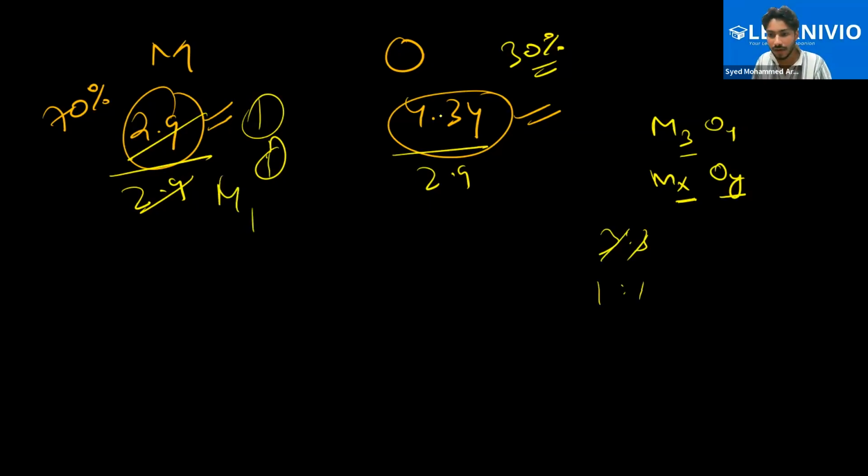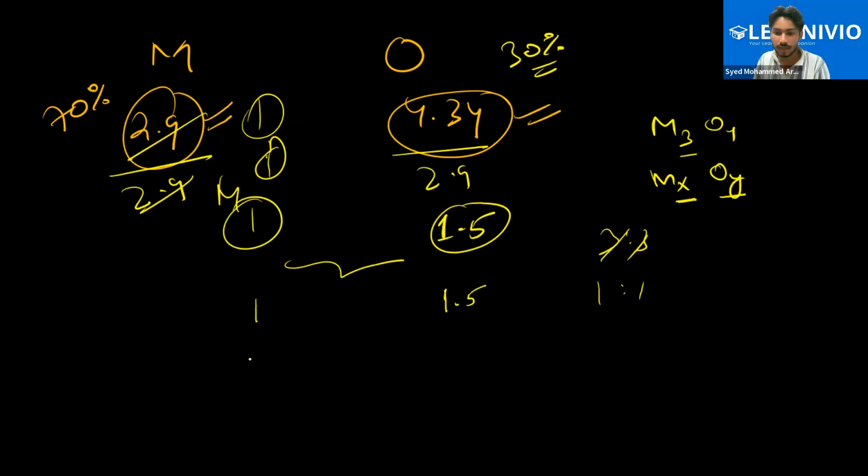Fine. Now if I divide this 4.34 divided by 2.9, what will I get? I'll get around 1.5. Now I am very close to my answer. So if I need to convert this into a whole number, what do I need to do?